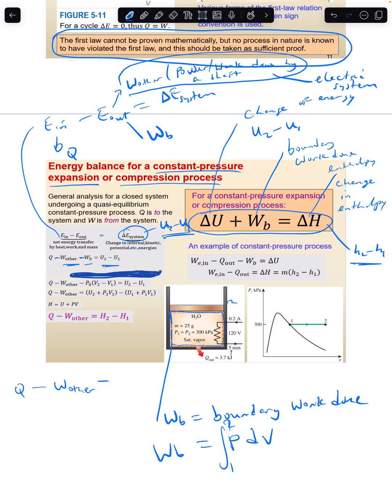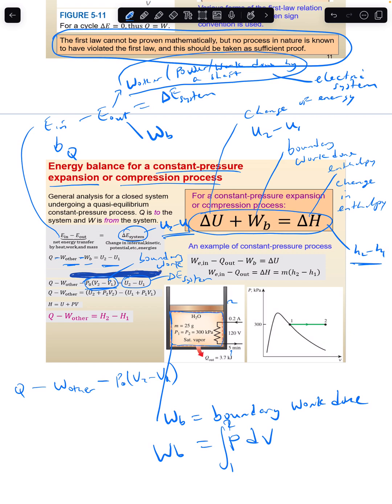And because we've spoken about this net, the boundary work done is P0 times V2 minus V1. That is the boundary work done. Remember, this is the boundary work, and this is the change of internal energy for the system.